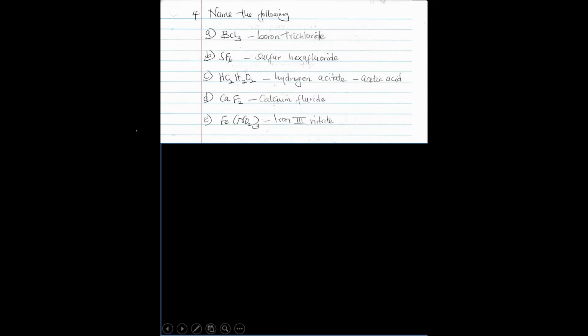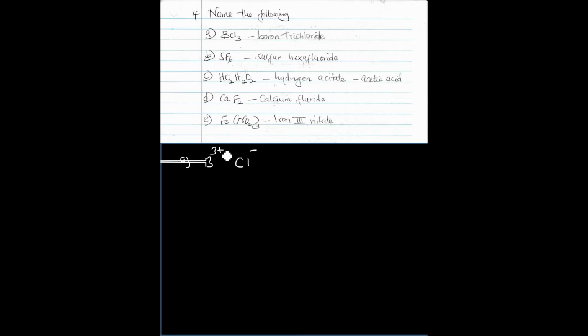Name the following. Now, boron is in main group 3 and it should be a metal. So let's say that boron will have 3+. Chlorine is main group 7, so it's missing one electron to be stable, so it will be a negative.